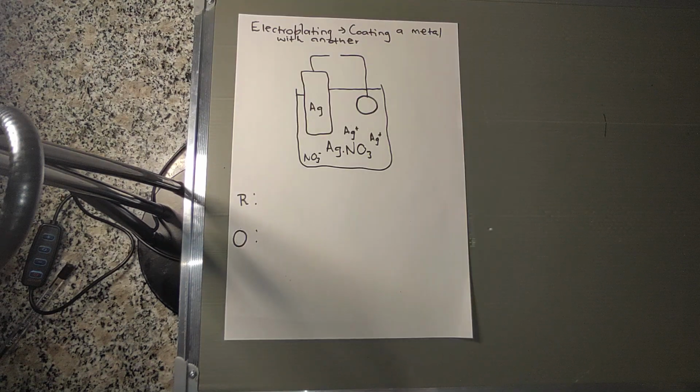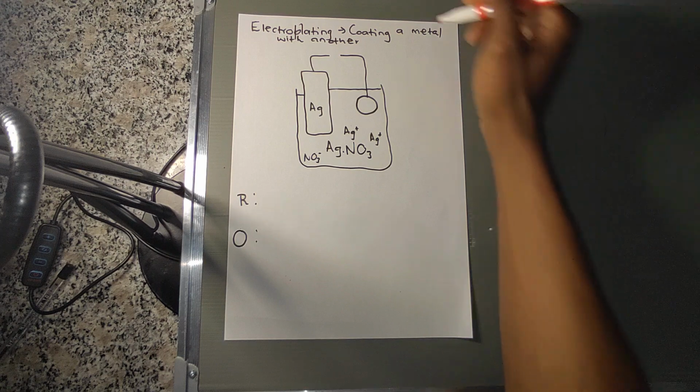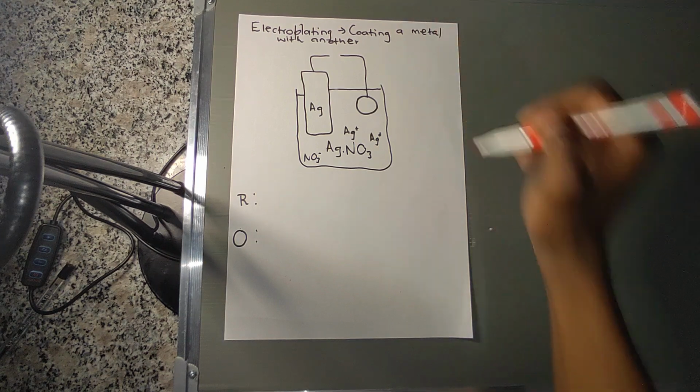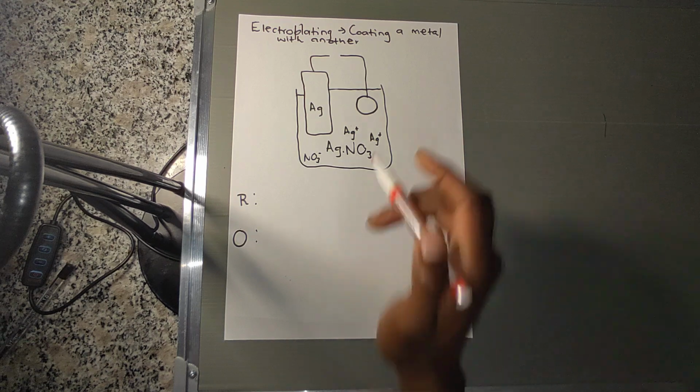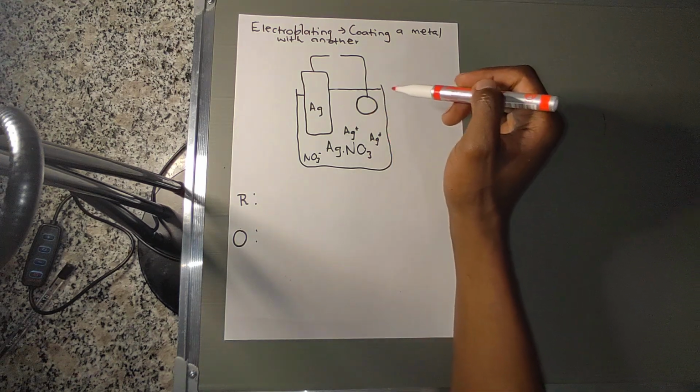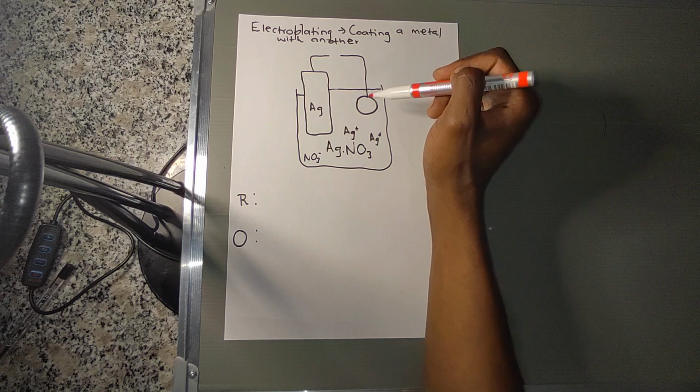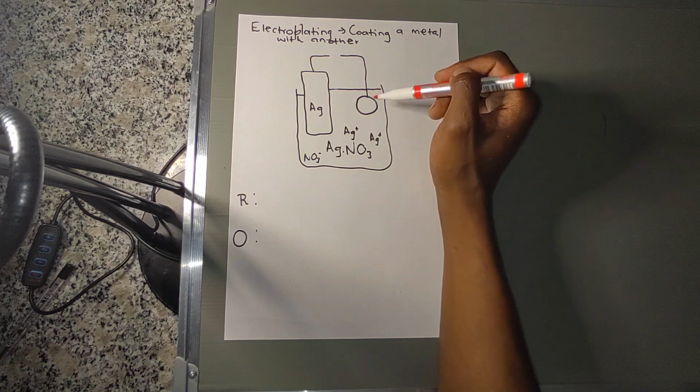So we're quickly going to cover electroplating in this lesson. We said electroplating is simply when we coat a metal with another metal. What happens is that we want to have assets that look expensive.